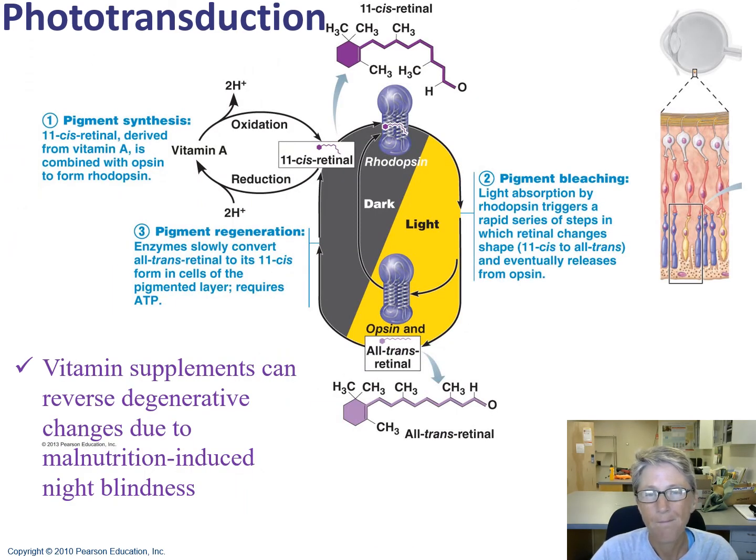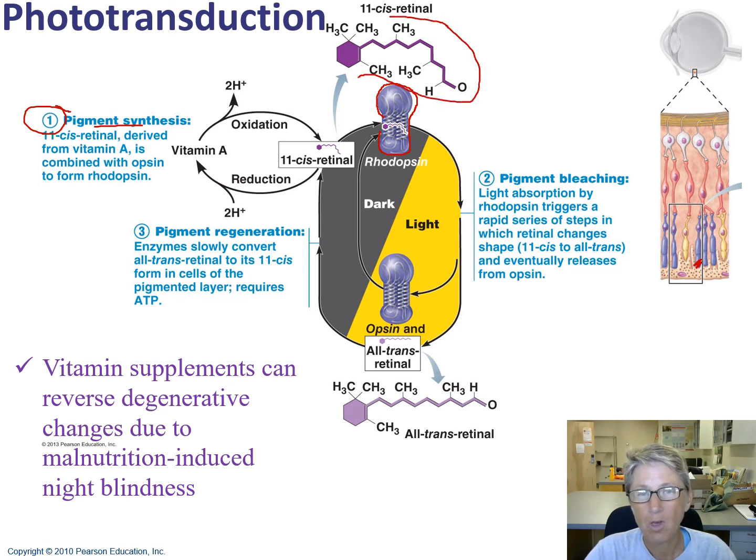Okay. So remember, here's our hero molecule, rhodopsin. Remember, it's embedded in the outer segment plasma membrane of the rods and cones. This is just showing you the biochemistry. In step 1, it says pigment synthesis. It says 11-cis retinal. So this is the shape.